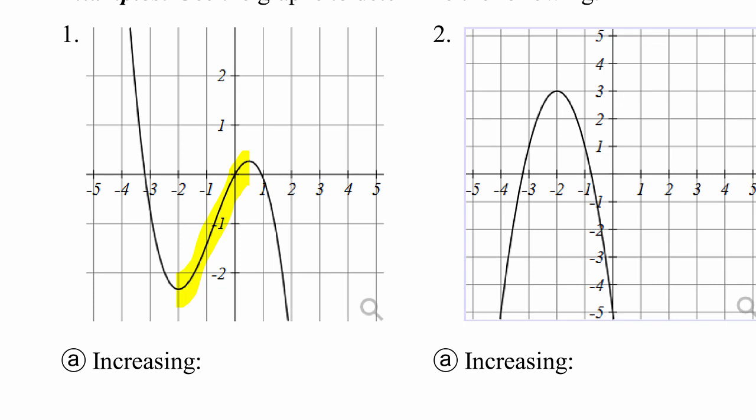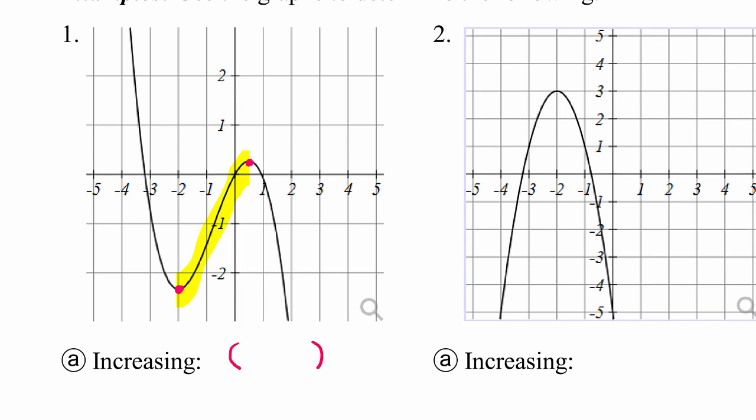So we're looking from here, let me put a little point right there, to right here at this point on the right hand side. And we want to read off what are the x coordinates that represent that yellow section as we pan from left to right. My other reminder to you is that intervals of increase and decrease do not include their endpoints. So these will always be described in terms of parentheses and not brackets.